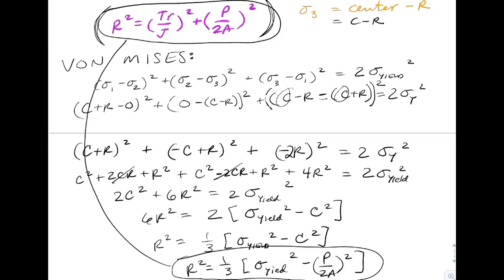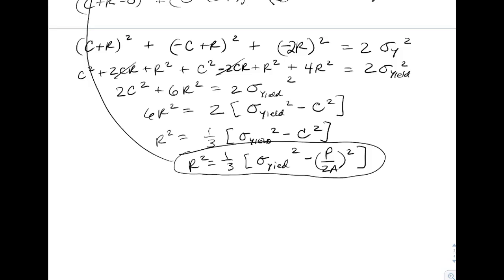So r squared can be substituted in for each other, and we'll end up with one equation. So writing this, TR over J quantity squared plus P over 2A quantity squared would be equal to 1/3 sigma yield squared minus P over 2A quantity squared.